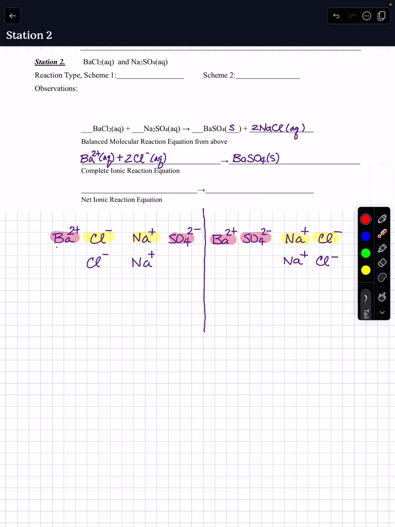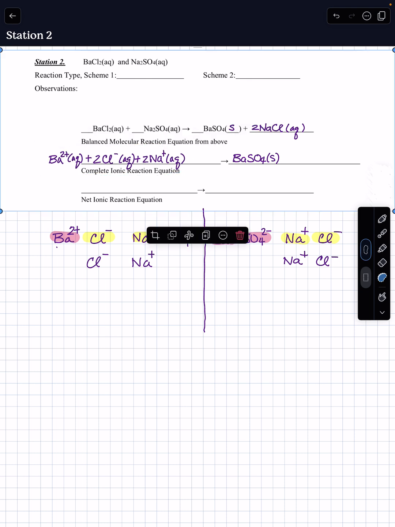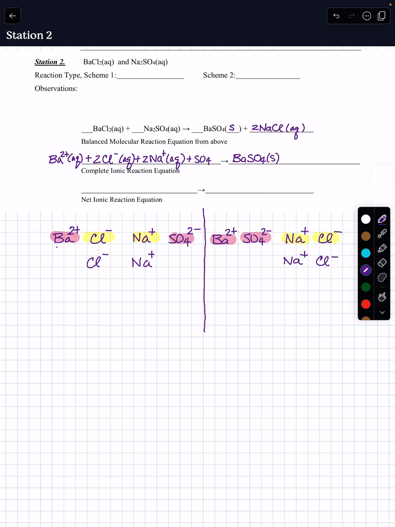And then we look at the next compound, sodium sulfate, that had two sodium ions and one sulfate ion. So 2 sodium ions, and ran out of space. That's okay, I'll just move that over. So I have room for my sulfate ion. Okay.